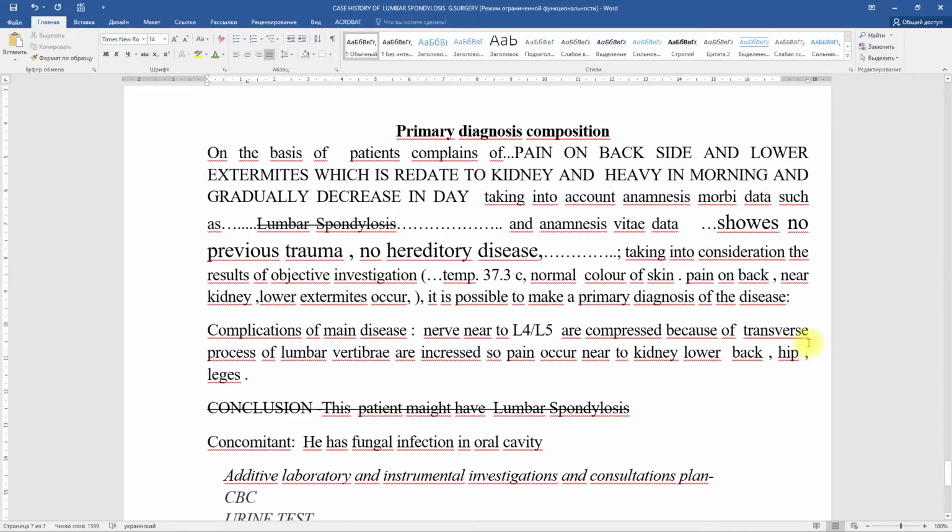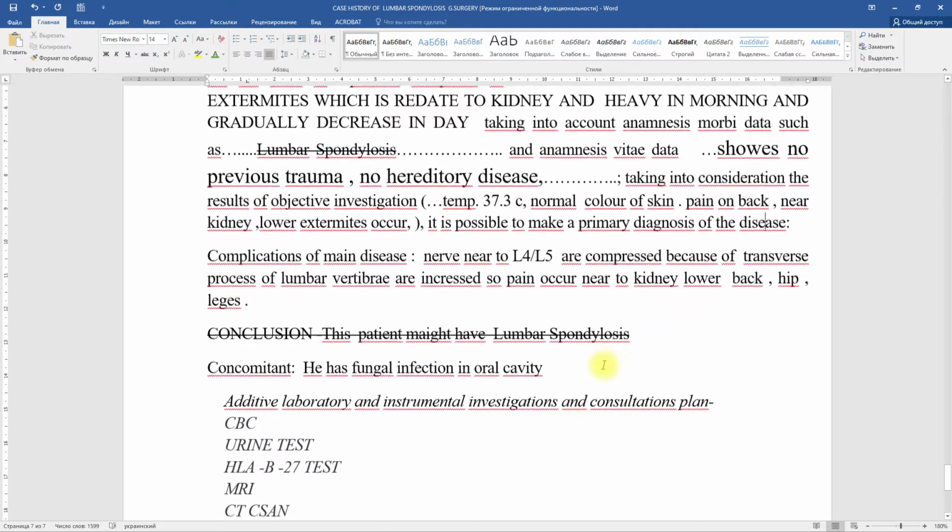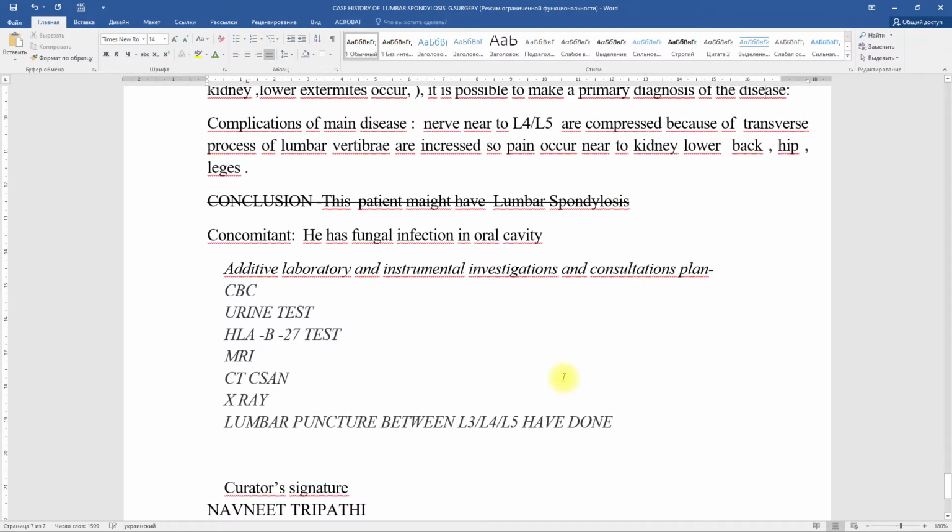So you may say that this patient has some neurological disease, name it, and the conclusion is that this patient needs additional investigation to find out what the disease is.